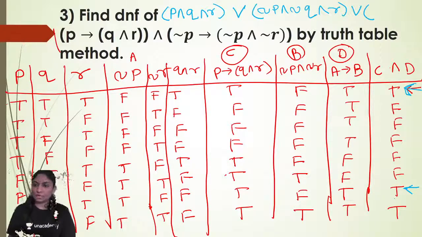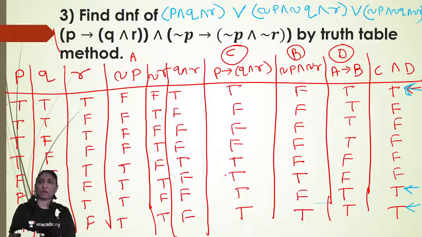OR. Now the next T. So corresponding values of PQR, FFF. It means you can write negation of P and negation of Q and negation of R. This is your DNF using the truth table method.